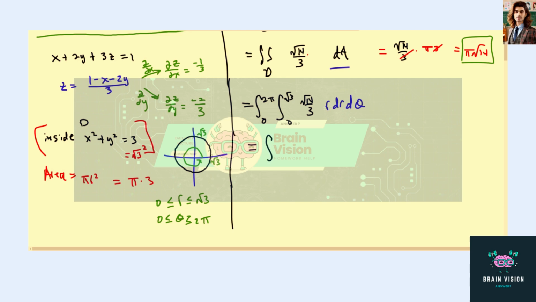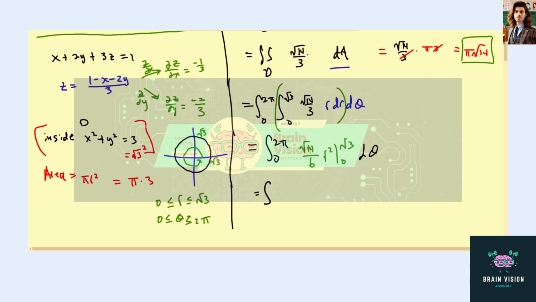So let's go ahead and integrate this now. On the inside, this is just going to be power rule, so it would be root 14 over 6 r squared evaluated from 0 to root 3. If we plug root 3 in, we'd square that to get 3, and then the 6 would simplify down to a half.